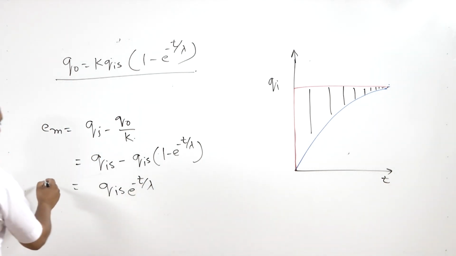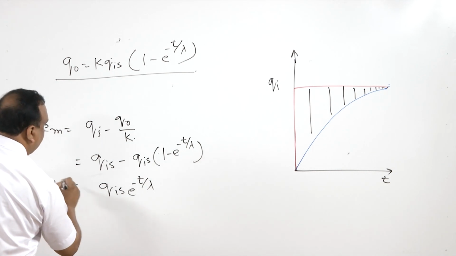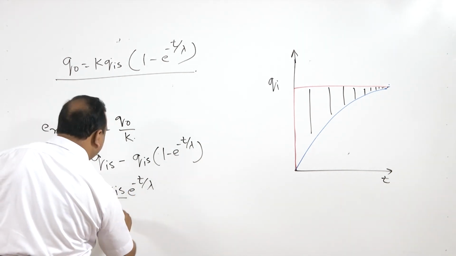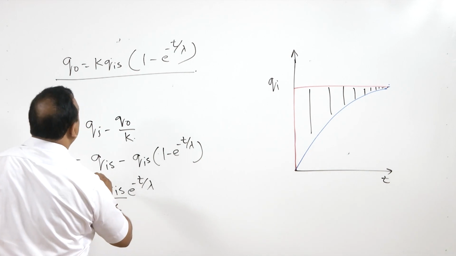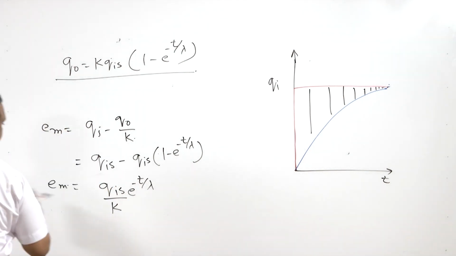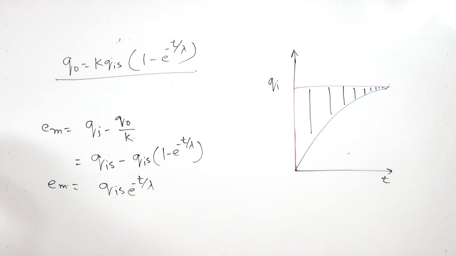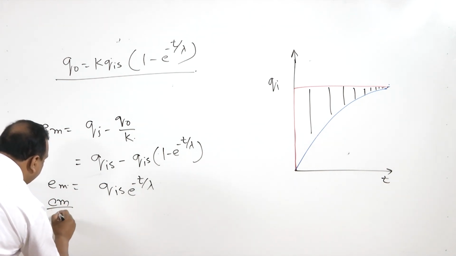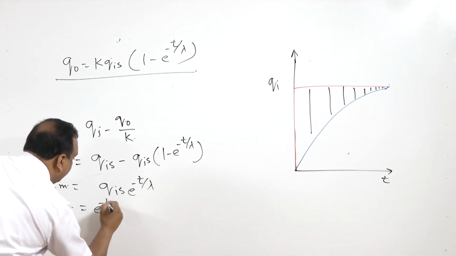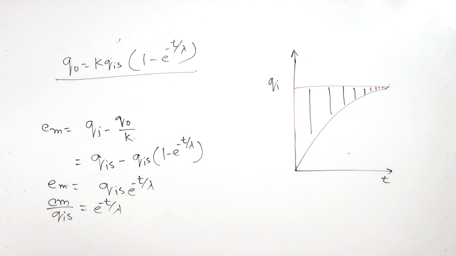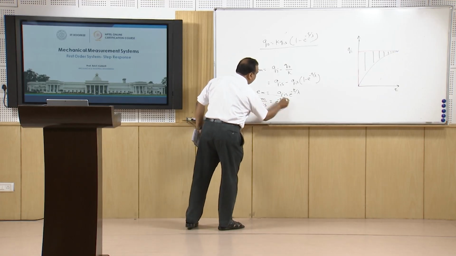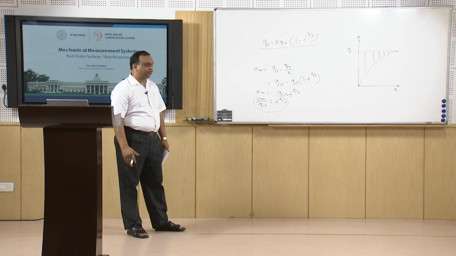This is the error in the measurement, and it is already divided by K. Or we can say that the error in the measurement divided by input is equal to e raised to power minus t by lambda. In many ways it can be written. So this is a non-dimensional form of the error in measurement, e raised to power minus t by lambda.